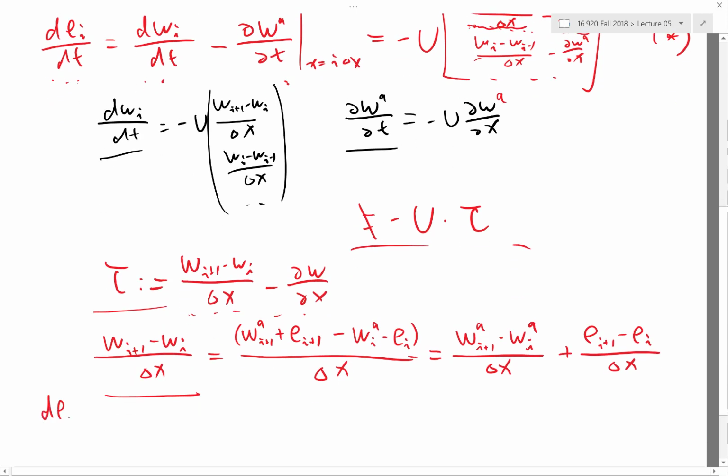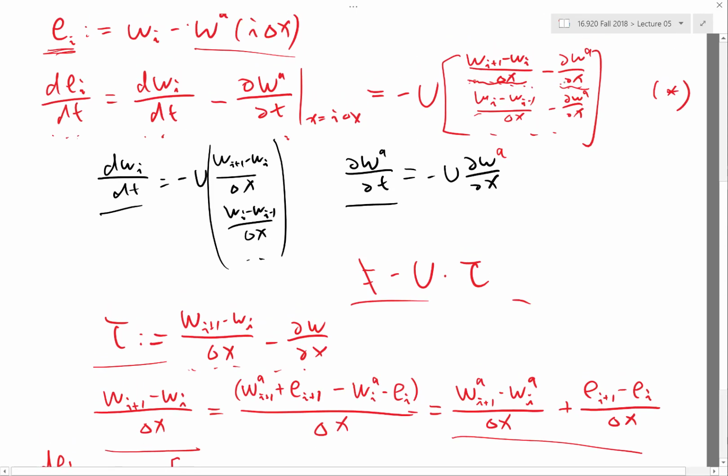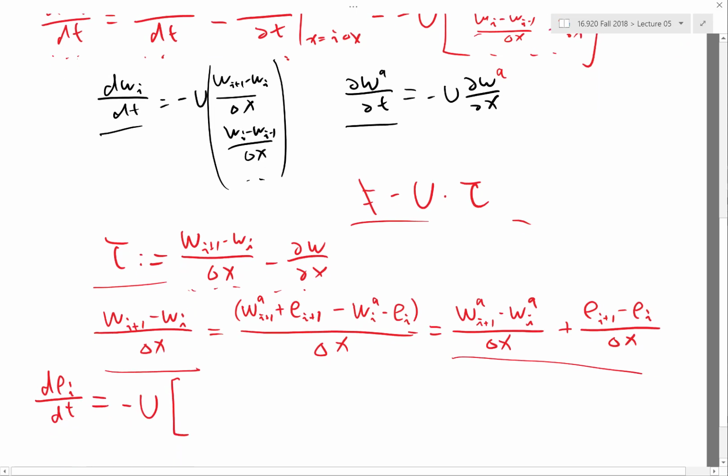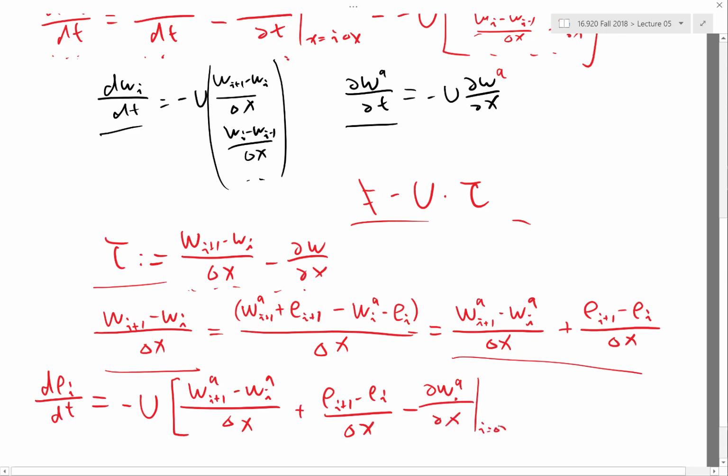Then we get dE_i/dt is minus u times this guy, minus the analytical derivative. So we are going to have these, plus these, minus the analytical derivative at x equal to i delta x.